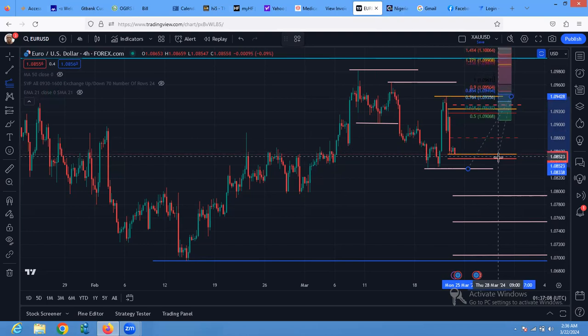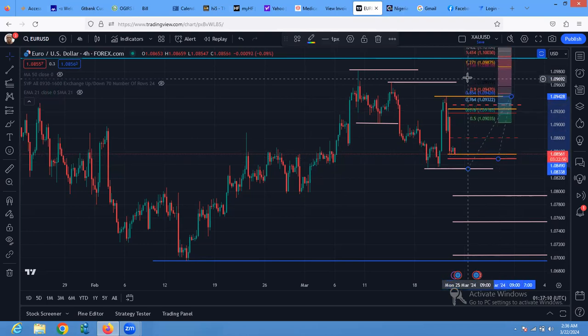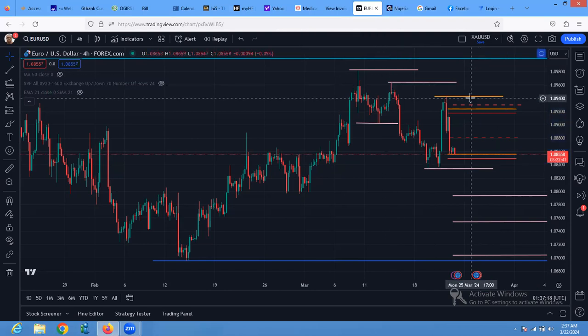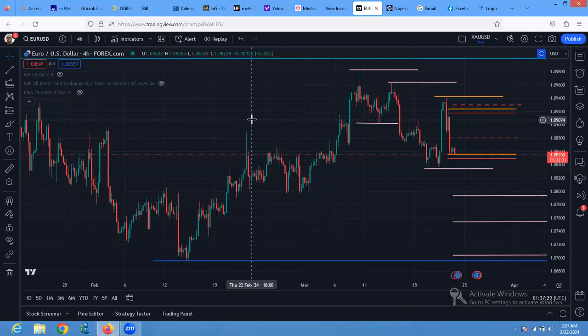Even if it's from here, another extension may just come up here without breaking this area. And we may be going down from there. So let's just watch. This is a recipe for a downward movement or a strength in the dollar. That is what I can see for now.